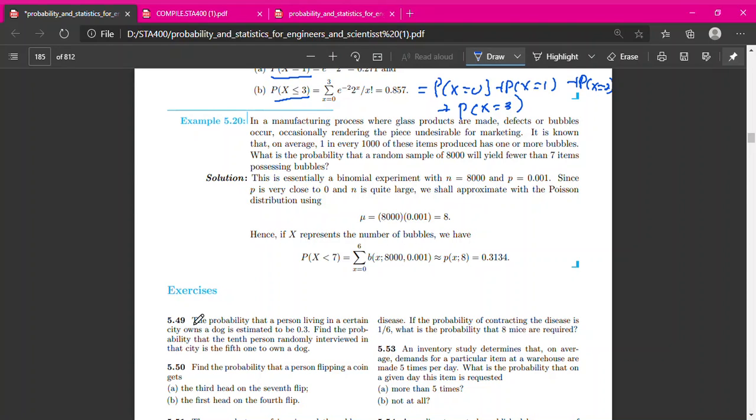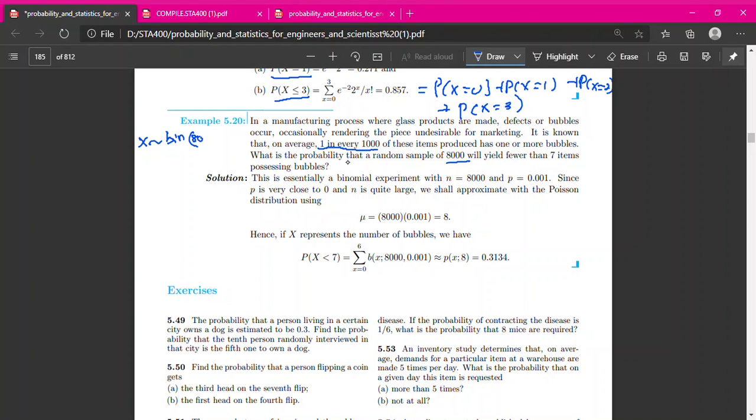Okay, so dia punya distribution actually adalah binomial, kan? Sebab dia bagi you n-nya 8,000 dan probability of this item produce 1 or more bubbles ataupun defect adalah 1 every 1,000, which is 0.001.